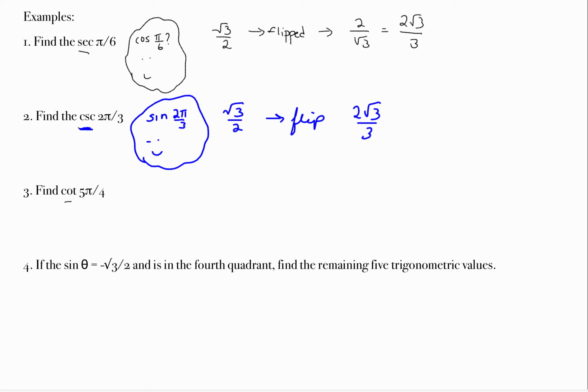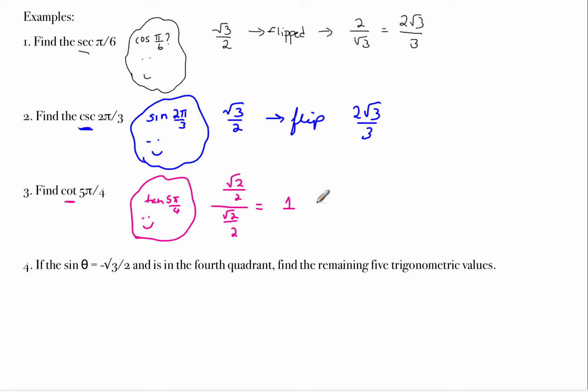All right, what's the cotangent of 5 pi over 4? There's my big brain again. I think, what is the tangent of 5 pi over 4? Pi over 4 is 45 degrees. And the tangent of any 45 degrees is sine over cosine. So that's radical 2 over 2 over radical 2 over 2, which, oh my gosh, this is so easy, is 1.